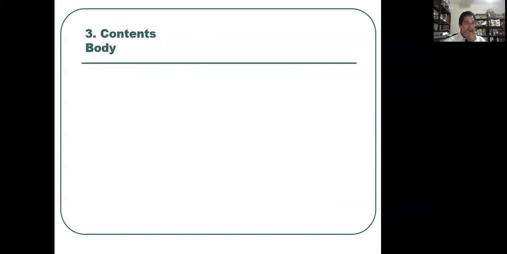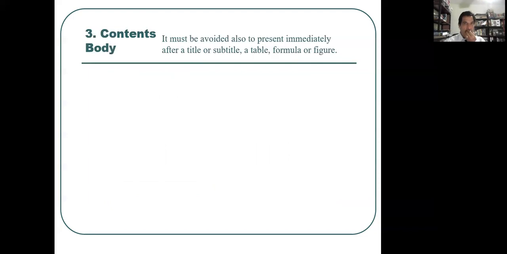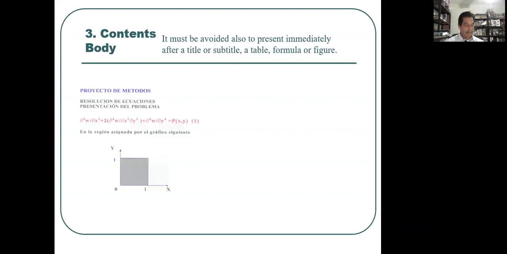We keep going with the contents in the body. This is a recommendation. You have to avoid presenting a table, formula, or figure immediately after a title or subtitle. For example, here, there was a project that I asked to prepare.